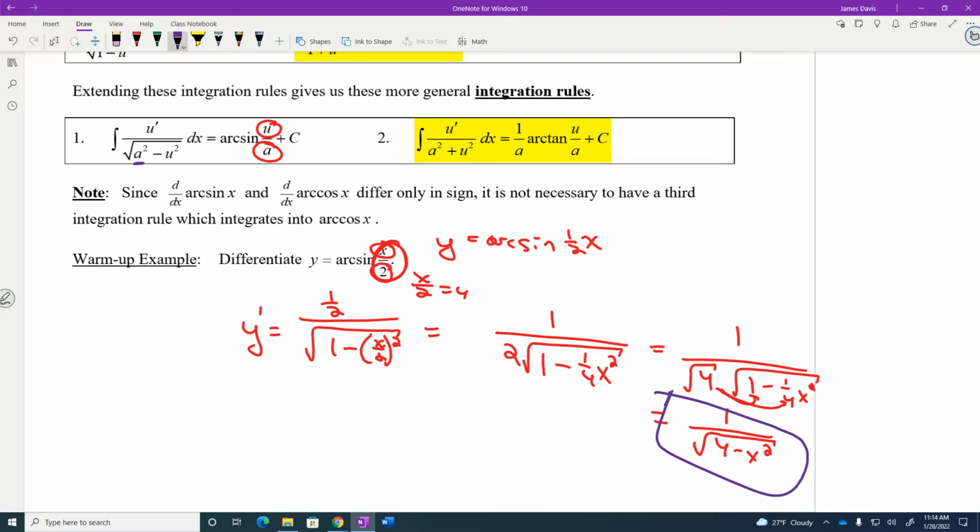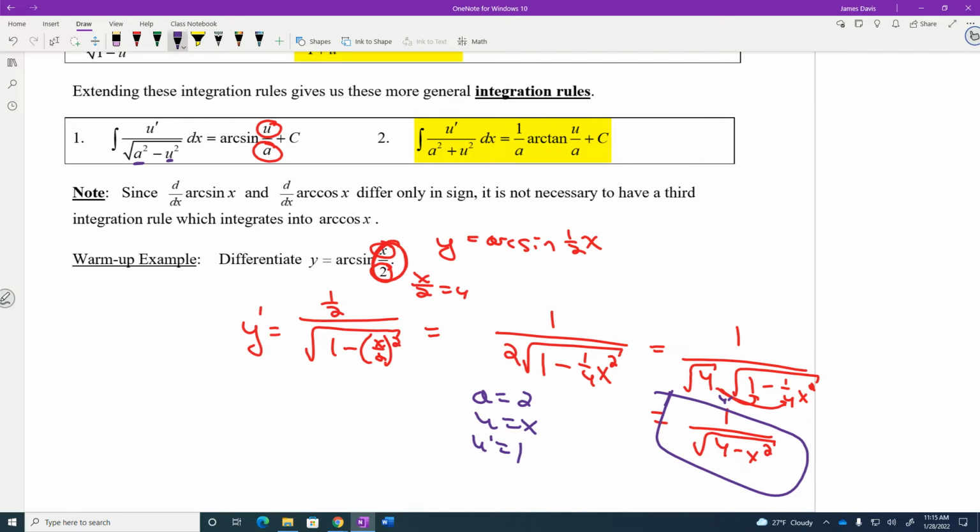So a would actually be 2. And then u is going to just be x, because it's something squared. So then a is 2, u is x. Right? Then plugging it into this formula, we'd have to make sure that this is u prime up here. So u prime would then be 1.